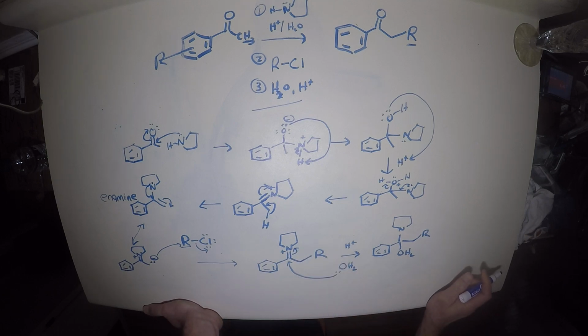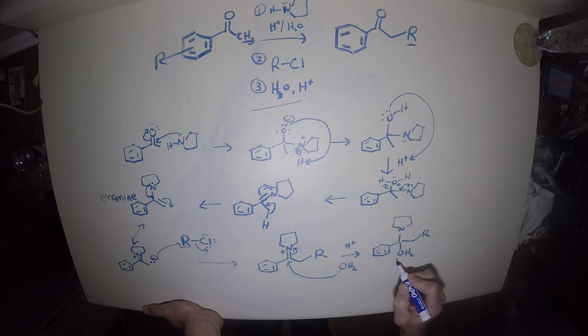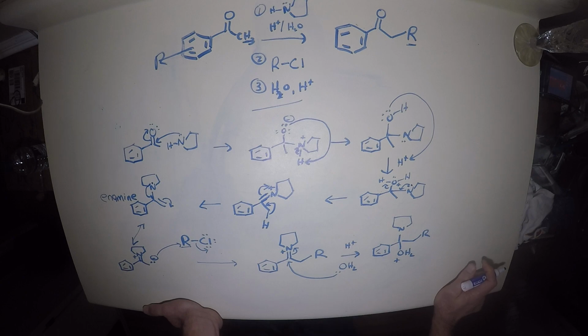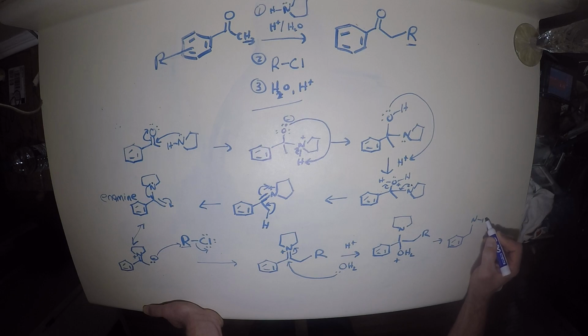That neutralizes the nitrogen, putting the positive on the oxygen of what was water. And then we could do a proton shift to protonate the nitrogen of pyrrolidine. That makes it a good leaving group.